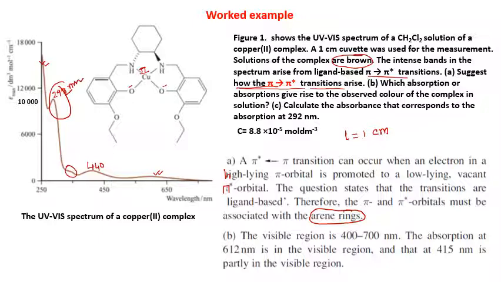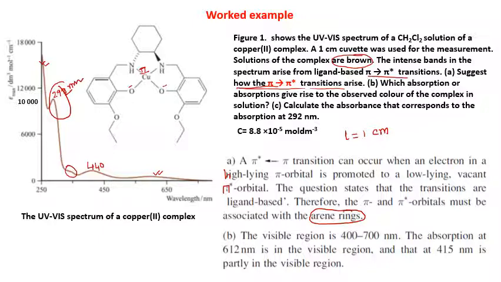So the question suggests that the solution is brown in color, and there are multiple transitions you can see over the spectrum. You can clearly cut out this 292 nanometer band because it falls in the UV region. So this UV region band cannot give the color of the compound, because the compound has a visible brown color.